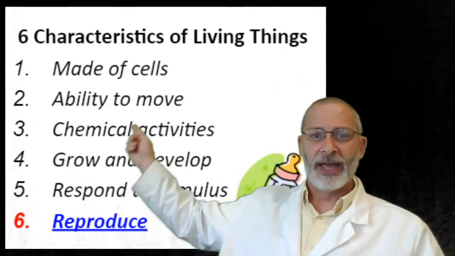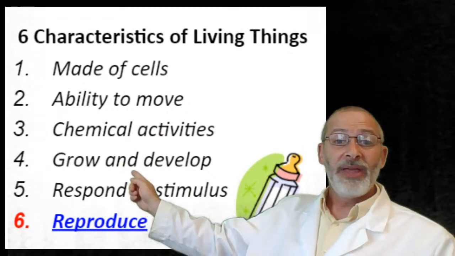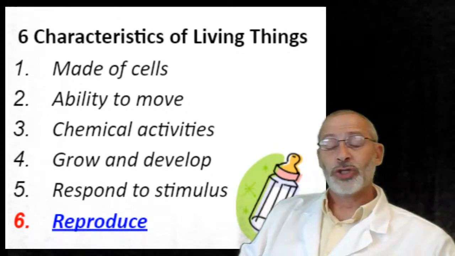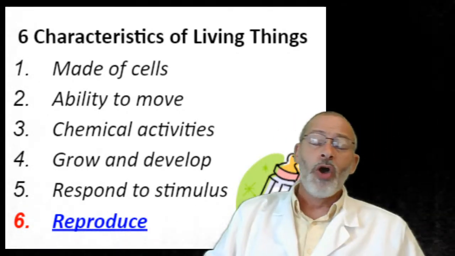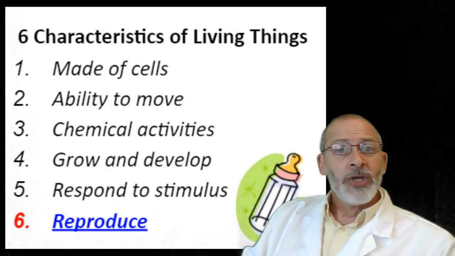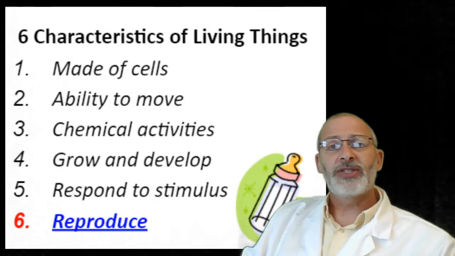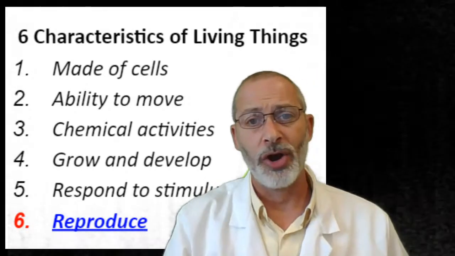Metabolism is correct. All living things grow and develop. All living things respond to a stimulus. And finally, all living things must reproduce. So these are the 6 characteristics of all living things as we are aware on planet Earth.